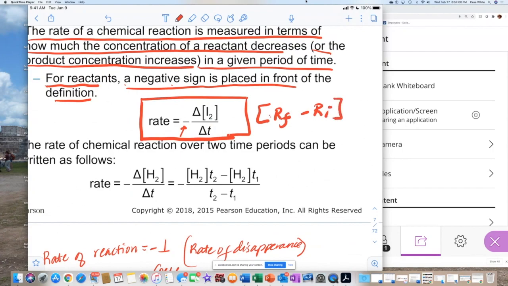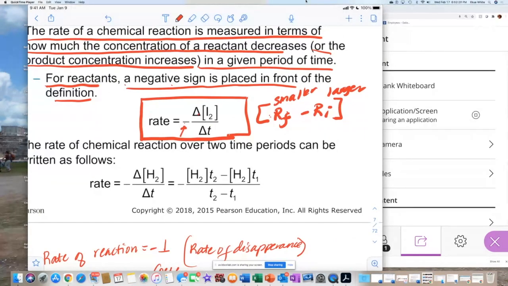Since the concentration is decreasing, the final number will be smaller than the initial number. This would be a larger number. So when you take a small number minus a large number, you get a negative number. So negative times negative gives you positive. Okay? The change in the reactant concentration, think about that, is going to be negative.